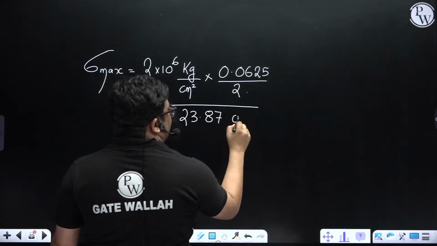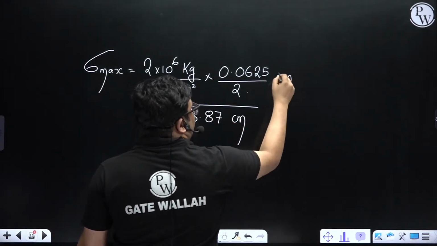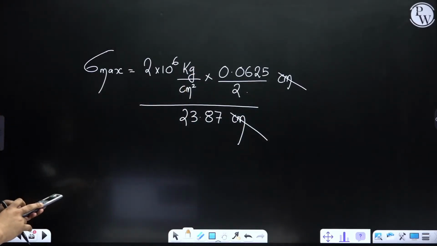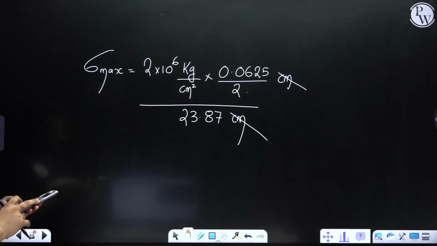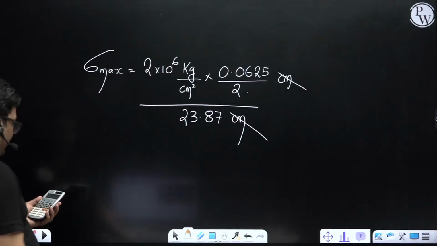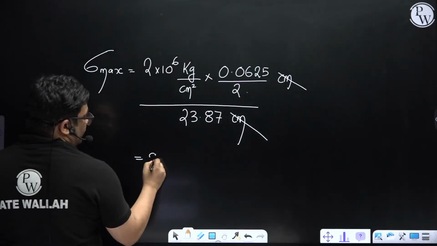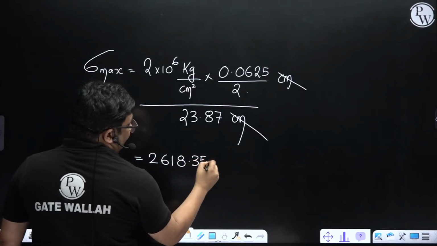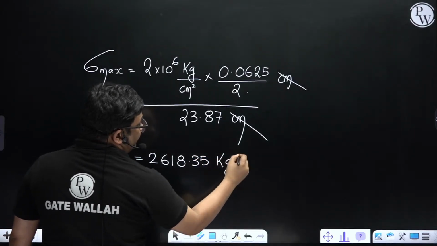Both are in centimeter, so the centimeters cancel and I get the answer in kg per centimeter square. Let us find out how much. 2618.35 kg per centimeter square.